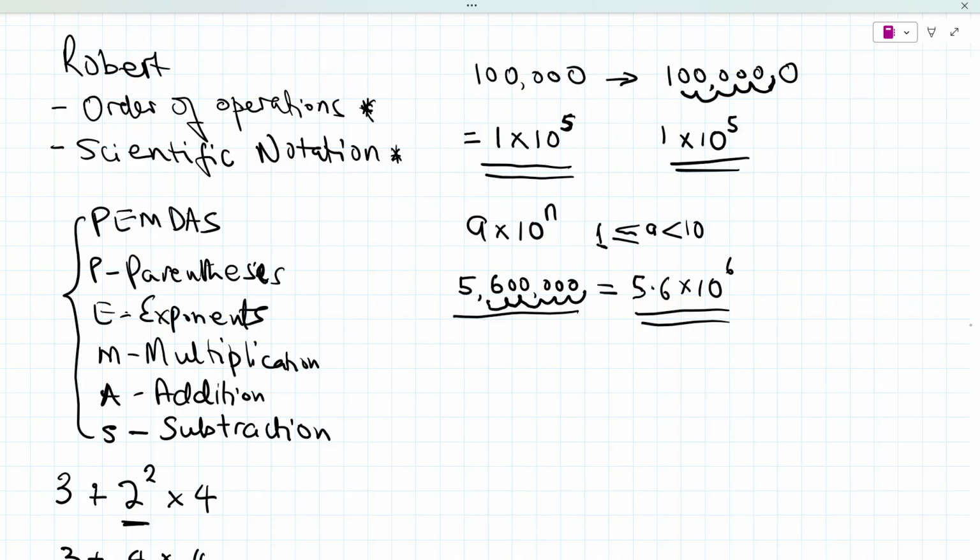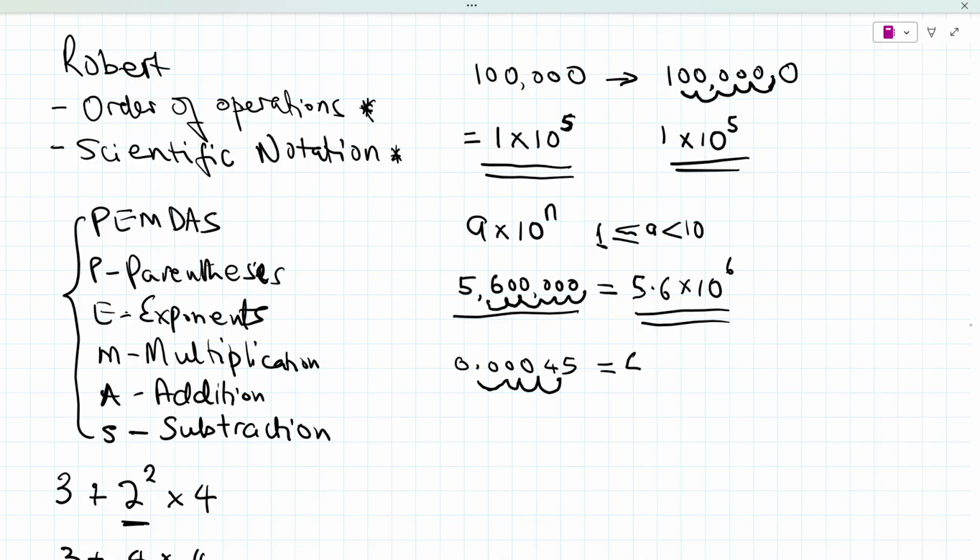And if a number is very small, for example, 0.00045, this will mean we have to move our decimal point to the right. 1, 2, 3, 4.